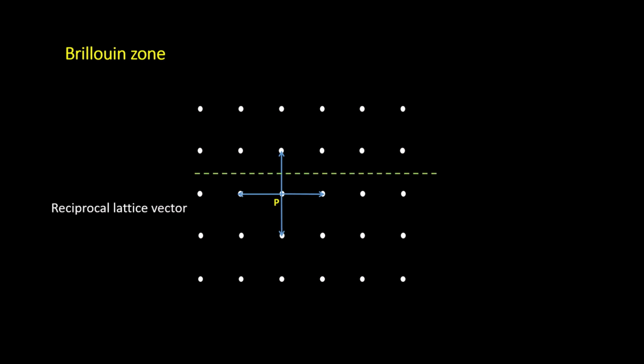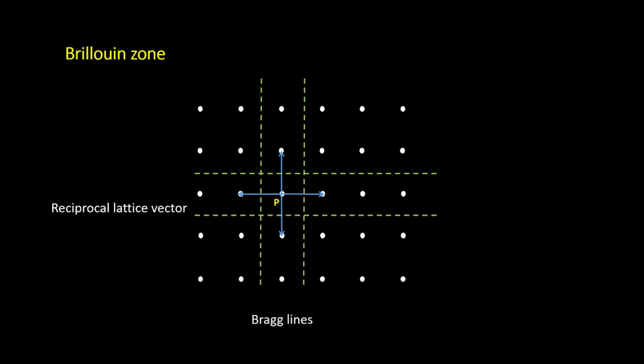Then draw a perpendicular bisector to these vectors. These lines are called Bragg lines, or Bragg planes in the 3-dimensional case. Now the area enclosed by these perpendicular bisectors is called the first Brillouin zone. It is equivalent to the Wigner-Seitz unit cell of the reciprocal lattice.